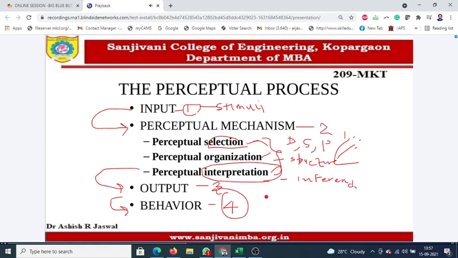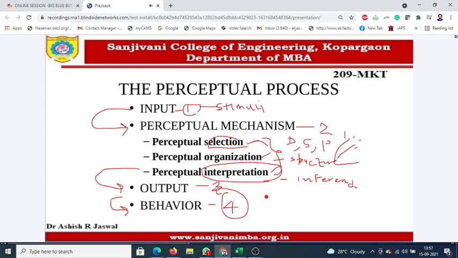The resultant behavior is an outcome of an output. या इमोशनच्या बेसवर, फिलिंगच्या बेसवर person would enact out a behavior. The behavior is a function and will be reflective of emotions, moods, feelings as well as attitude and belief.